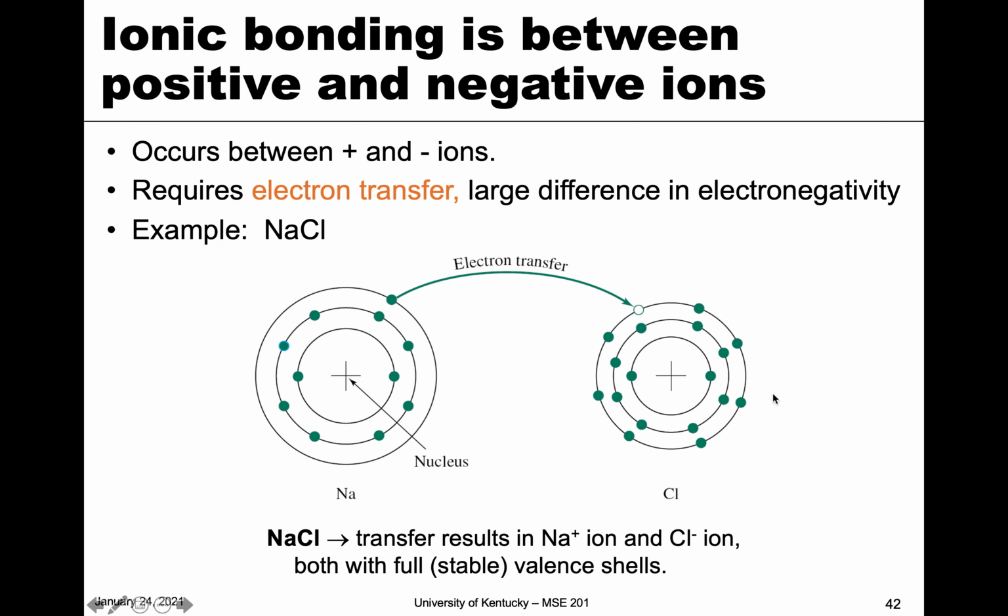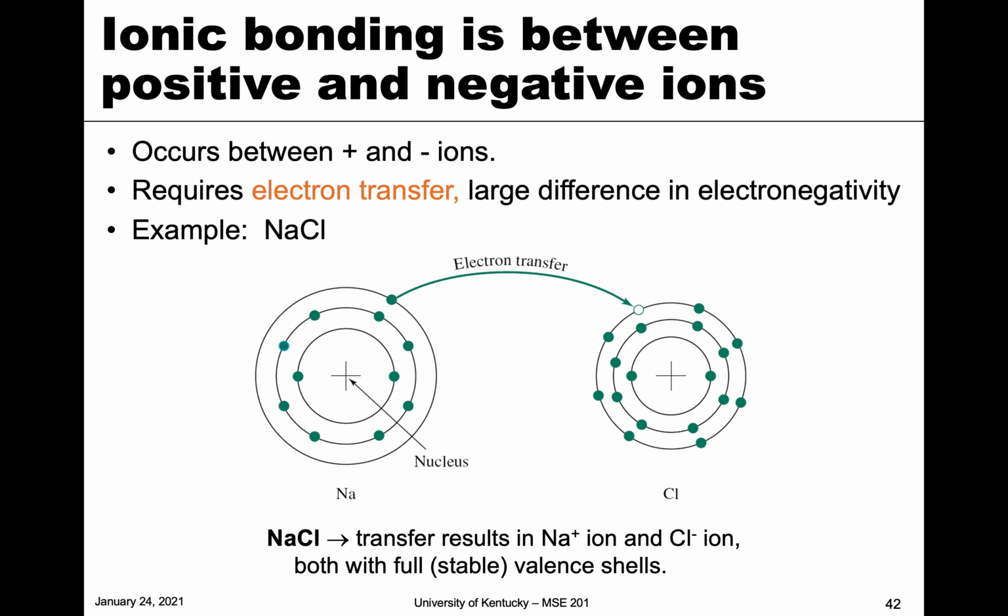So each of those elements does so, and there is an electron transfer. Sodium gives up an electron to chlorine. That leaves us with two ions, positive sodium and negative chlorine, and that's a result of that large difference in electronegativity.